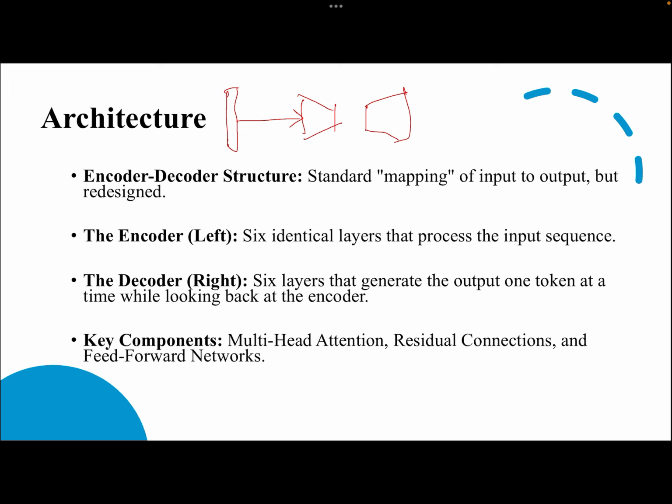For example, one may focus on grammar, another on meaning, another on word relationships. The second part of the layer is a feed-forward neural network, which processes the information further. And third is a residual connection, which helps stabilize training by allowing information to skip layers. We can think of multi-head attention like multiple experts analyzing the same sentence from different perspectives.